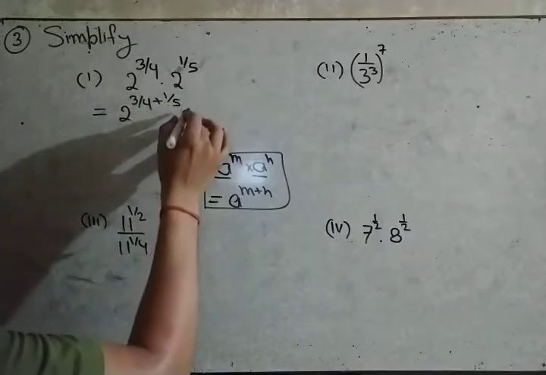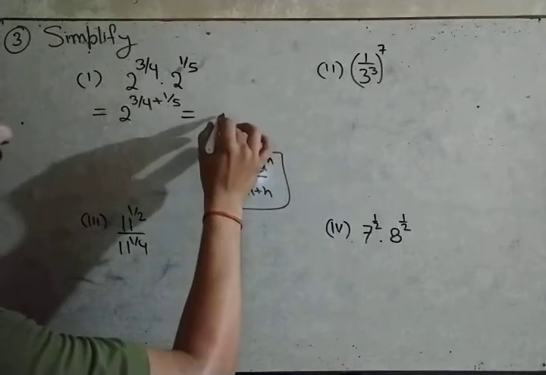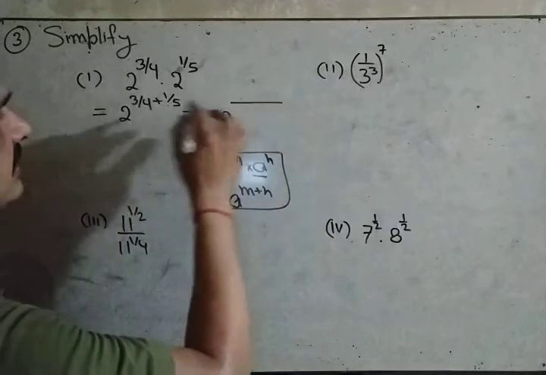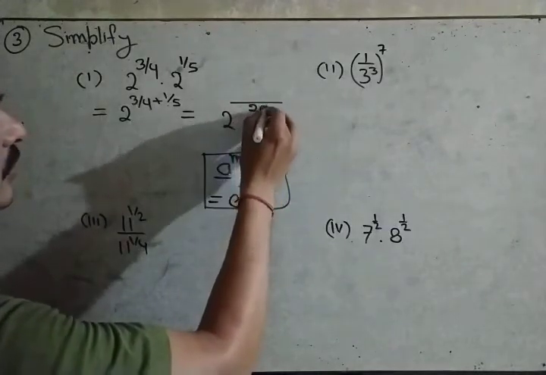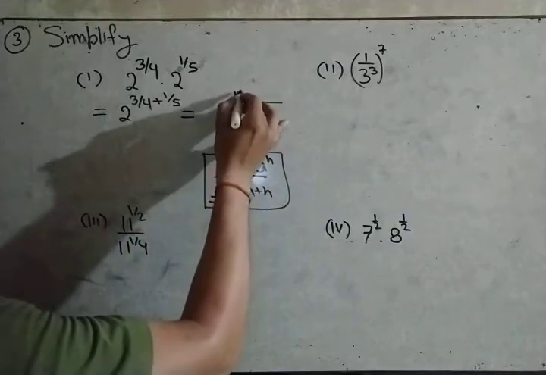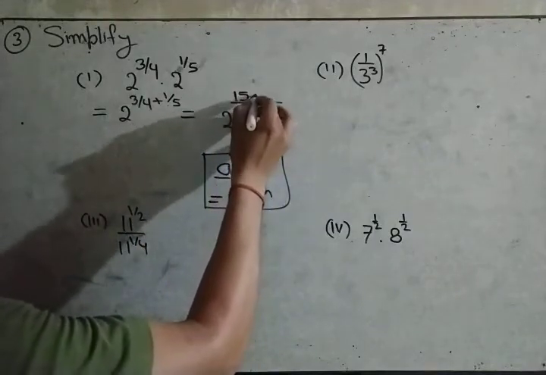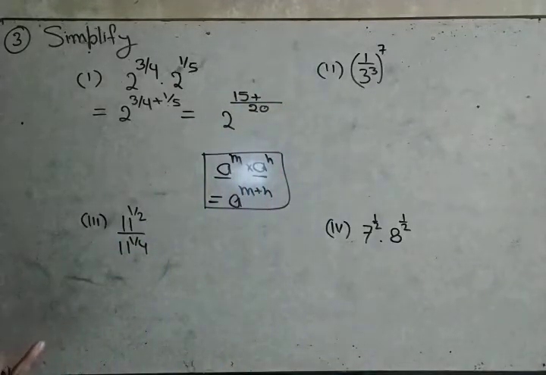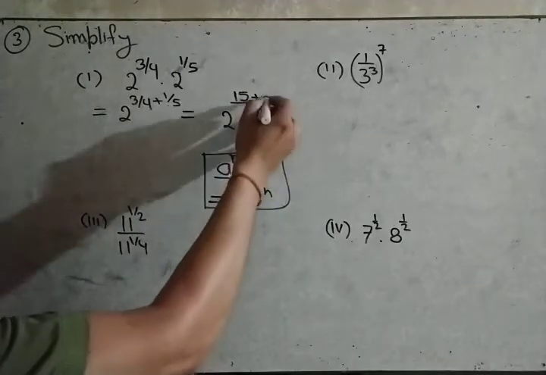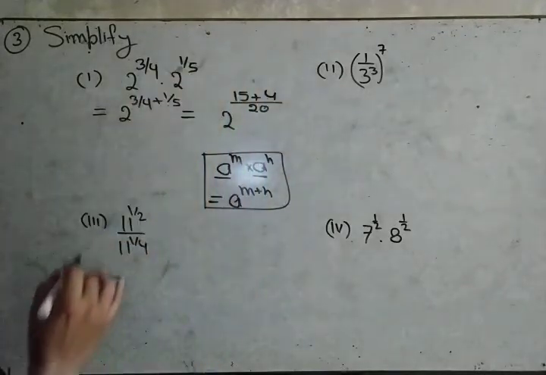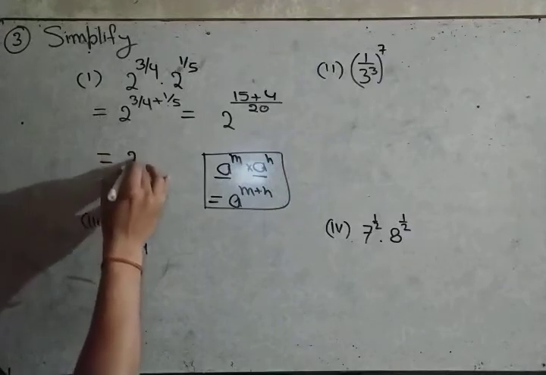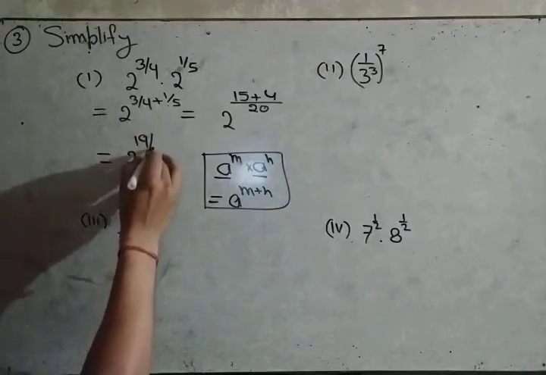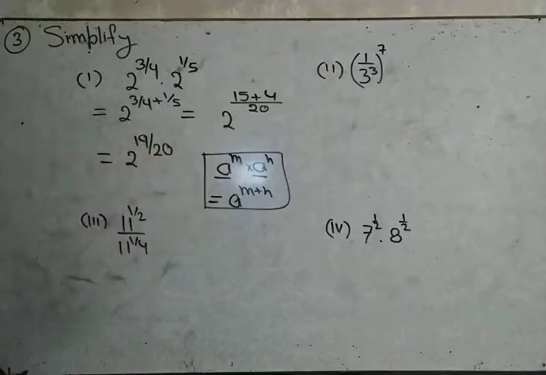By adding the power, you will take the LCM, that is 20, and 15 plus how much? 4. What you will get? You will get 2 to the power 19 by 20. Okay, next one.